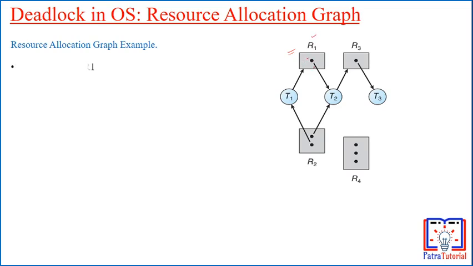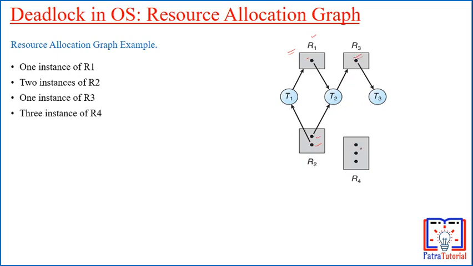R2 has two instances, this one and this one. R3 has only one instance, and R4 has three instances.